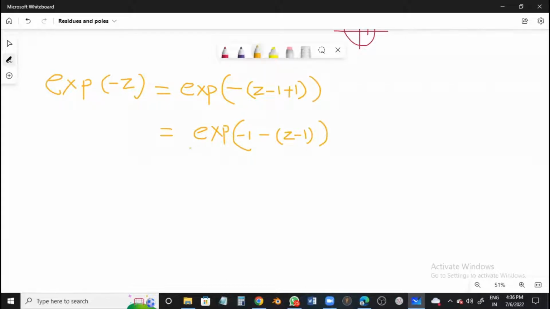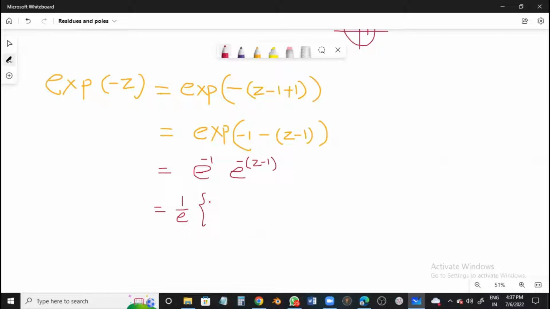Okay, so what to do next? I need to expand this. So this is e raised to something. So I can have e raised to minus 1 into e raised to minus of z minus 1. So e raised to minus 1 will stand outside as 1 by e. Now in the bracket, I have just to expand this.